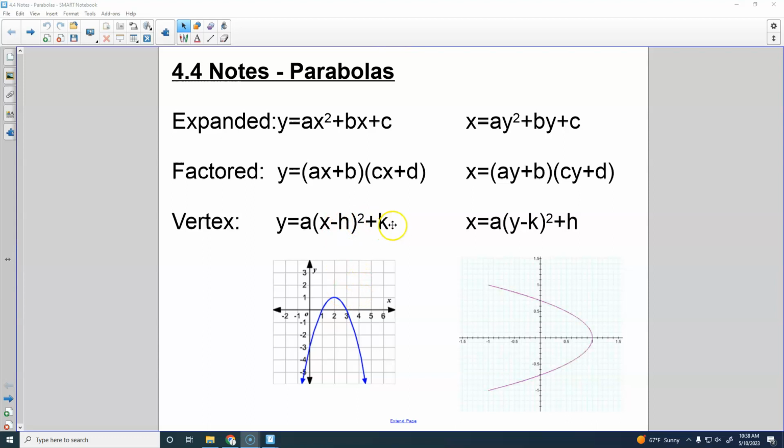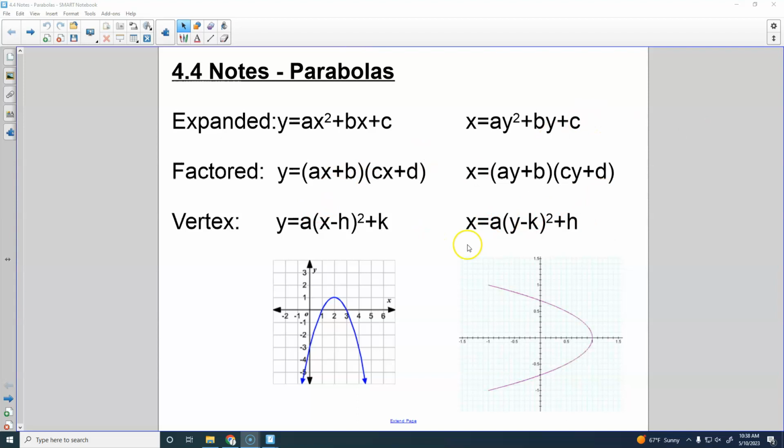So that is going to give you your vertex, and then this a is either going to stretch or shrink that graph. Yeah, and the sign of that a will flip. So like this one, it would have a negative a because it would be flipped upside down. So vertex form is what we're going to be focusing on for what we're doing now.